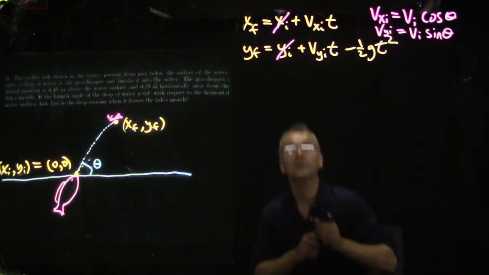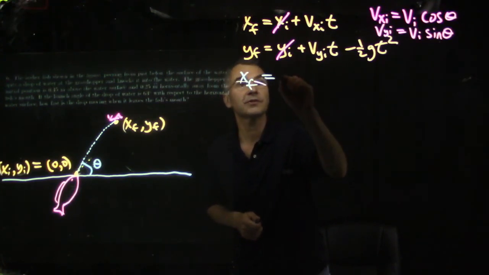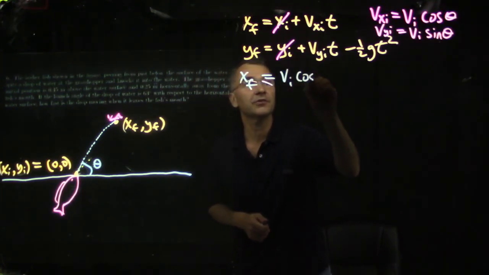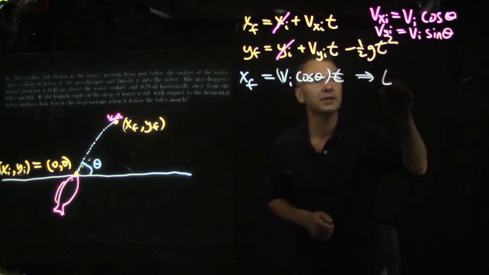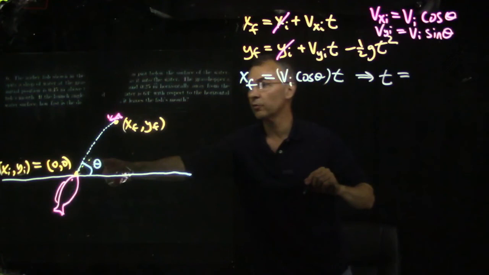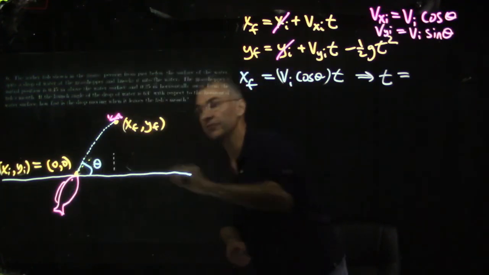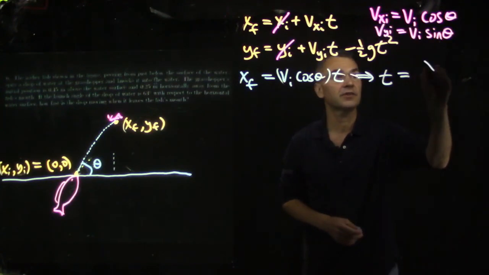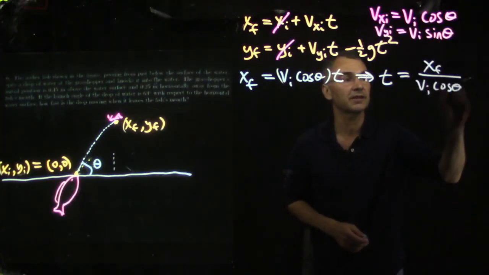So let's substitute, and we get x final equals v initial cosine theta times time, and we can solve that for time. So the time at which the water droplet crosses the horizontal coordinate of the grasshopper is x final divided by v initial cosine theta.